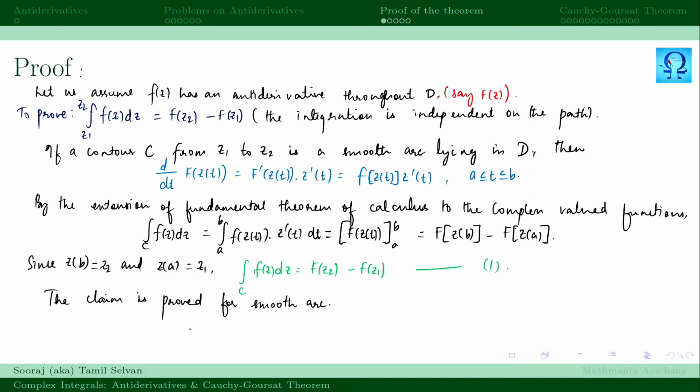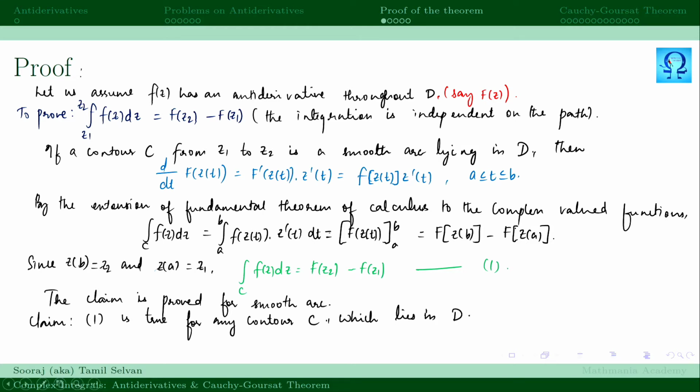Now we'll have to do a few more things. We are just going to claim equation 1 is true for any contour C which lies in D. So inside the domain only we are talking.